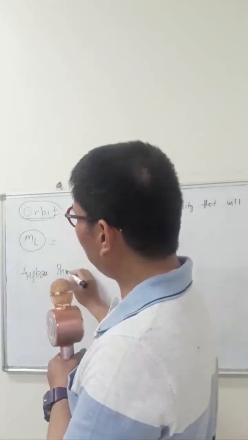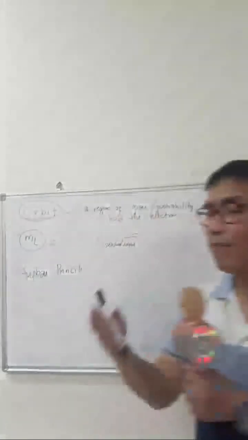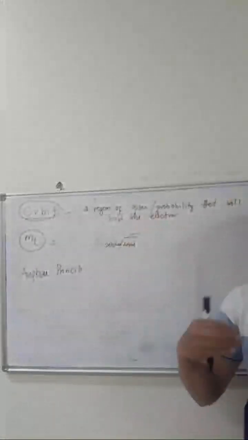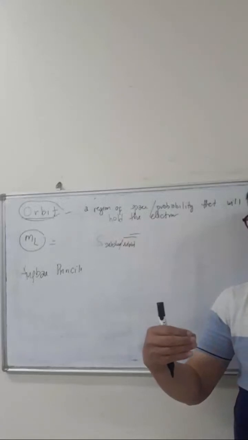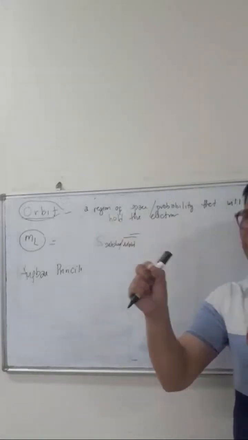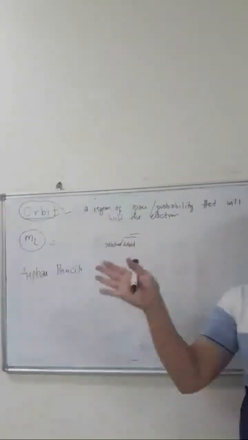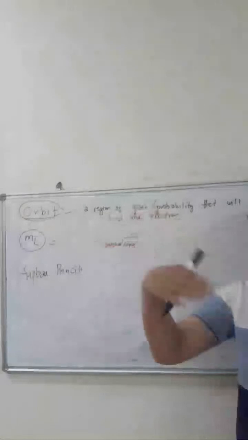What's this all about? In determining the number of electrons, you will remember Mr. Pauli's exclusion principle. There are only two electrons per orbital. In that way, if the orbitals are given, you can compute the number of electrons that the subshell can occupy.